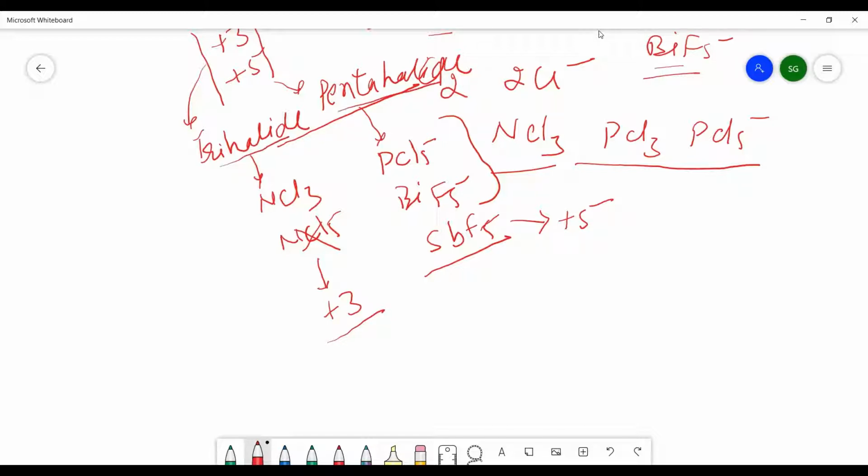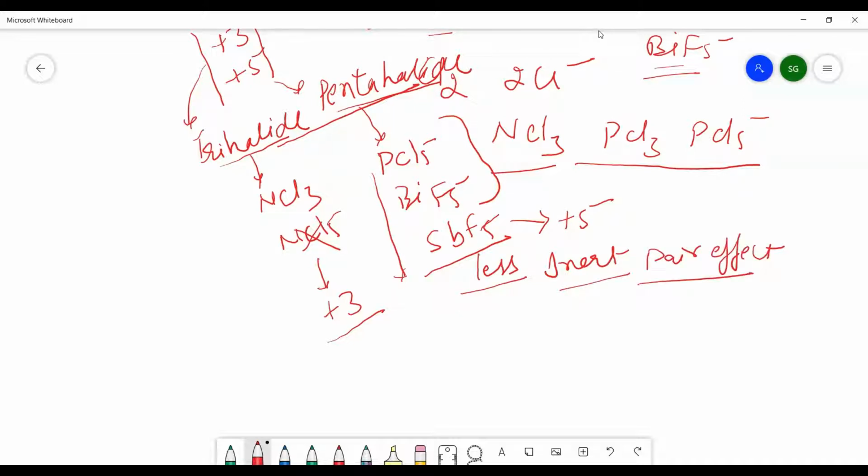Which one is more stable? Yes, you are very much correct that pentahalides are less stable as compared to trihalides, because as you move down the group, the inert pair effect comes into consideration. Because of the inert pair effect, the stability of the +5 oxidation state decreases, and the stability of the +3 oxidation state increases.